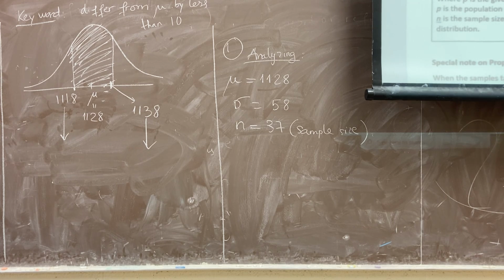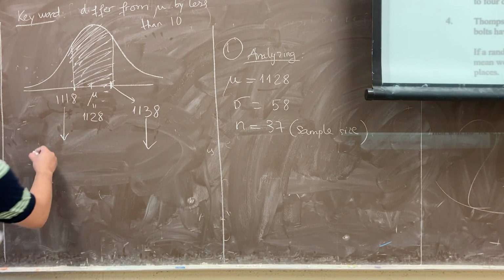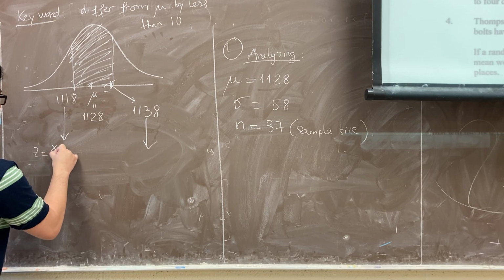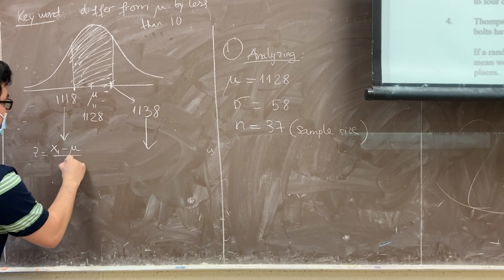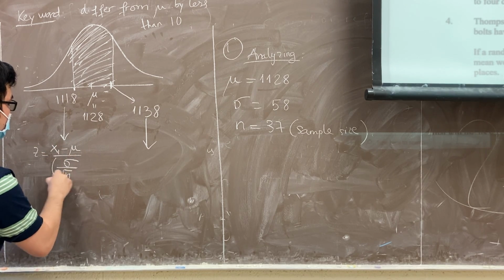So we use this to calculate the standard score. They give you the sample mean, so you use this to calculate the standard score here. The z-score here is x1 minus mu over sigma over square root of n.